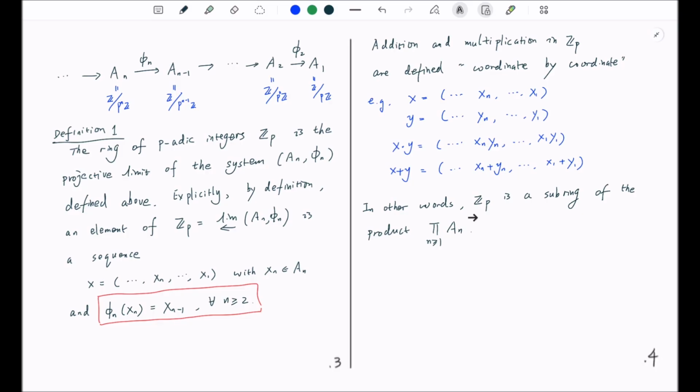And now we have defined the set theoretical structure and the algebraic structure for Z_p. We can also define the topological structure on it. If we give each A_n, which is a finite set, the discrete topology, and this infinite product, the product topology, then the topology on Z_p will be the subspace topology inherited from the product topology.